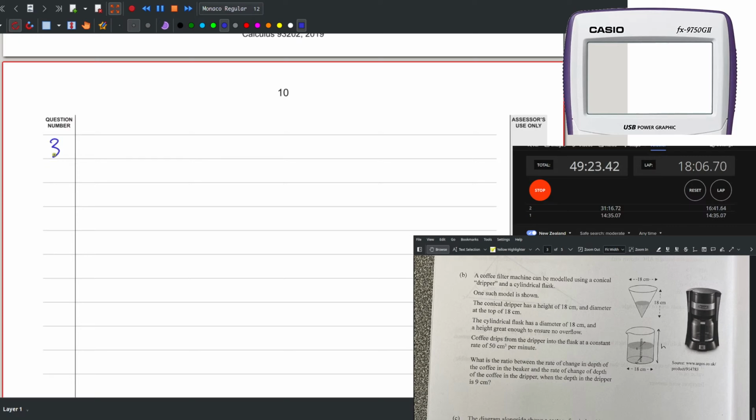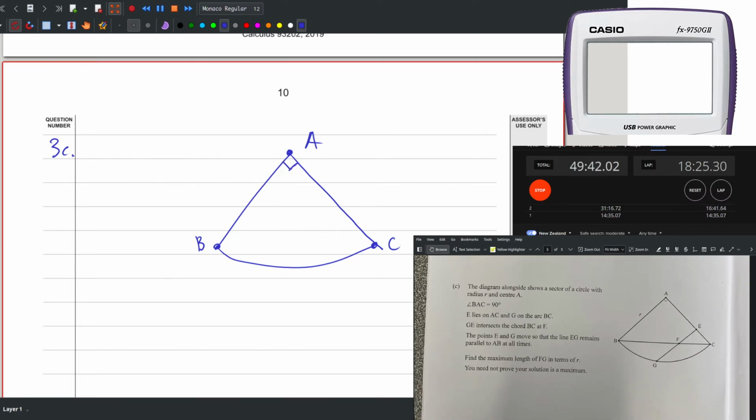Alright, so 3C. So if we've got A, B, C. Okay, so this one, we should move it up. So BAC is 90 degrees.